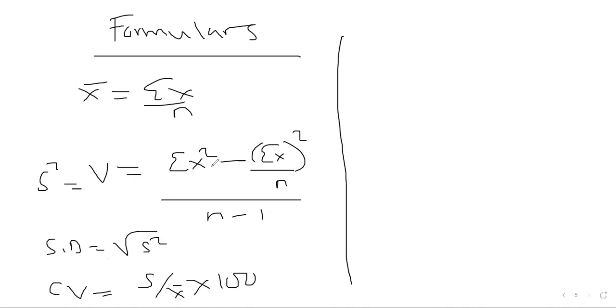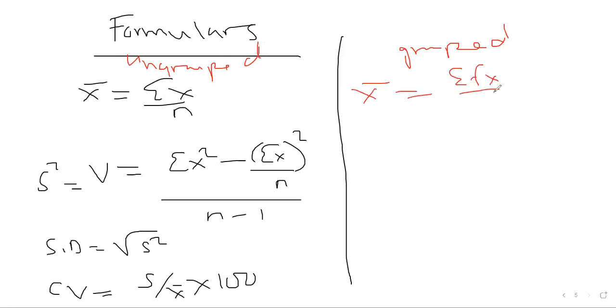But for grouped data, there's some difference. So this is ungrouped, and this is grouped. For grouped data, the mean has a frequency aspect: summation of fx over n. We're just putting an f somewhere.